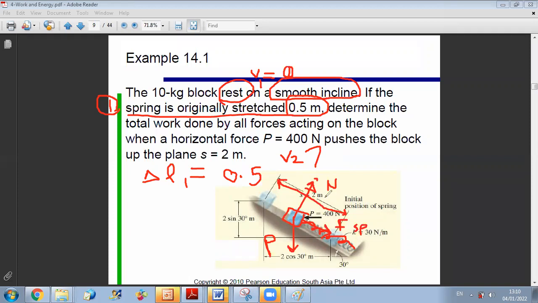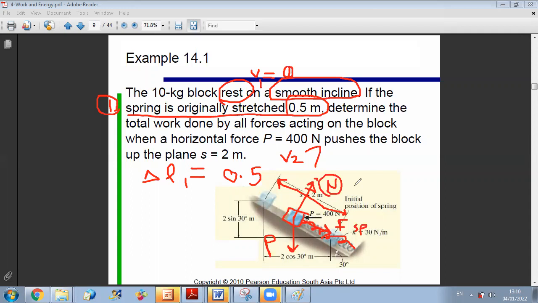To start with, for the normal, what is the work of the normal here? What is the work of the normal force on the block? Can you repeat, please? 0.